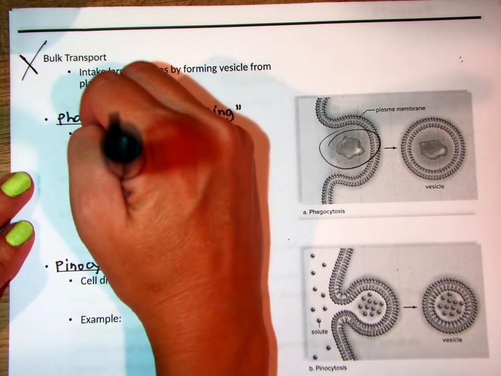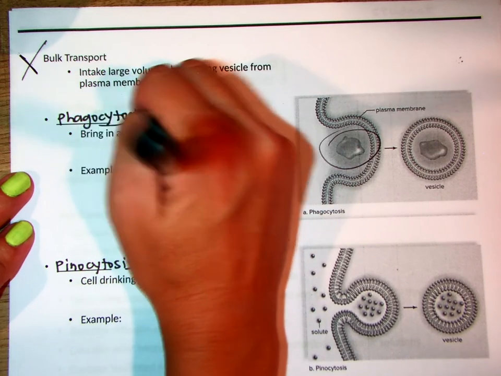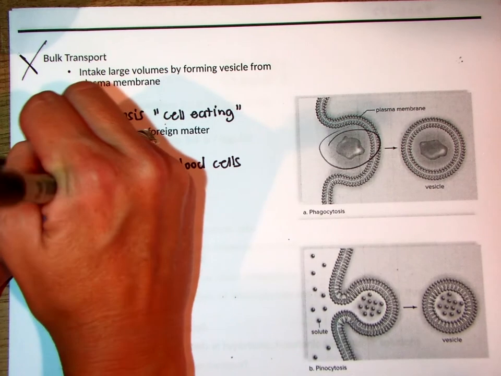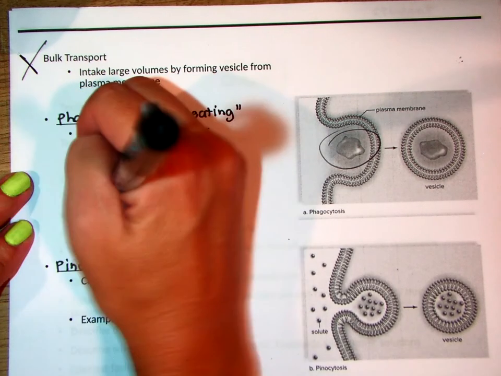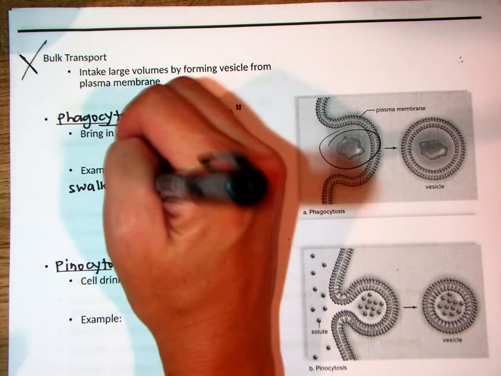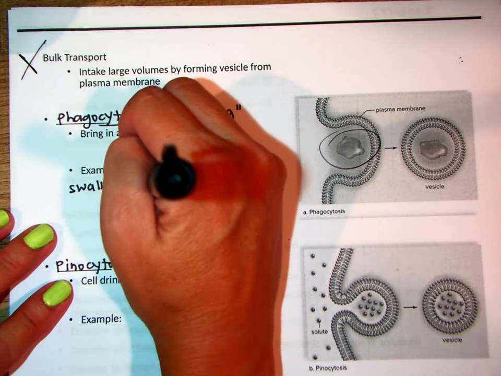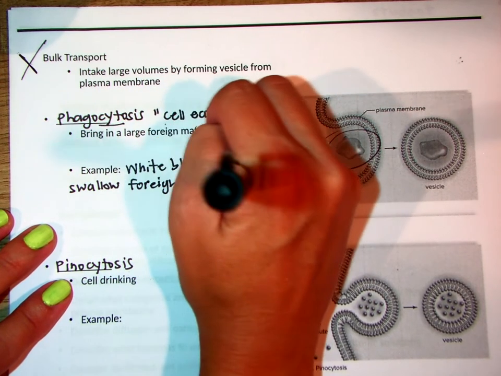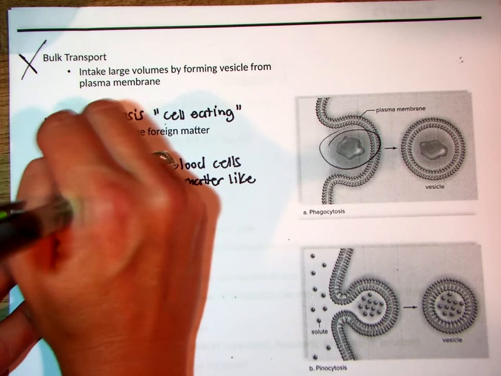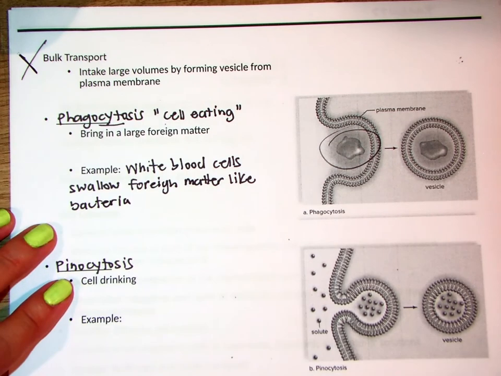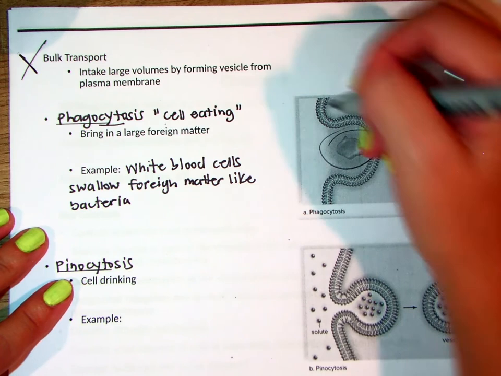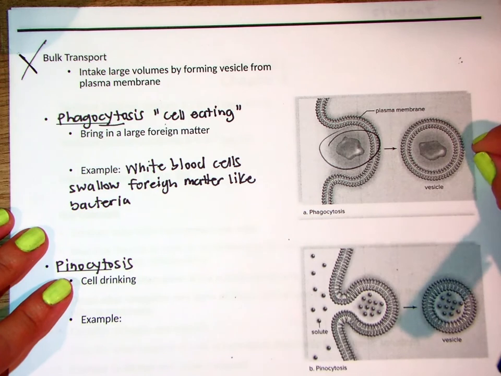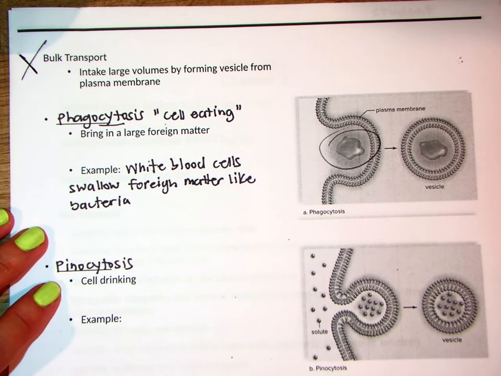So white blood cells swallow foreign matter, like bacteria. It kind of reminds me of a Pac-Man. It just opens its mouth, surrounds it, closes off, pinches in, and there you go, inside the cell.